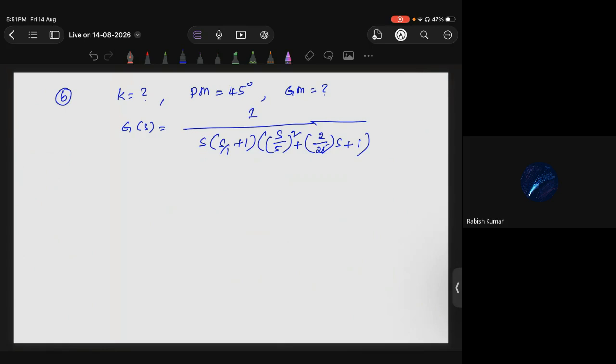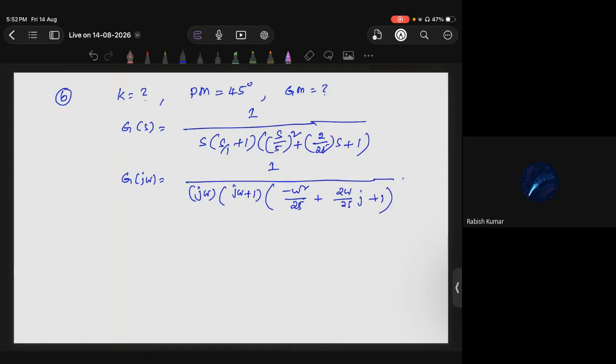Now find out G of j omega. That will be 1 by j omega plus 1, so it will be minus omega squared by 25 plus 2 omega by 25j plus 1. Correct?